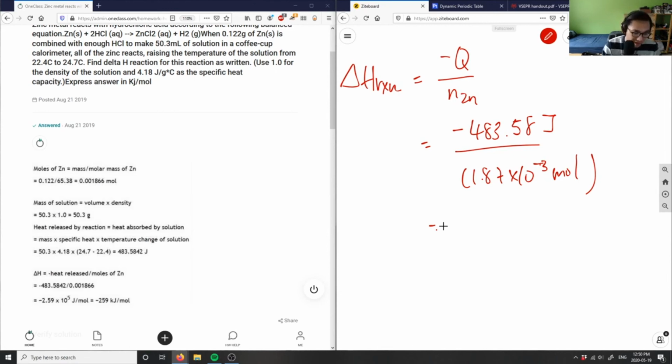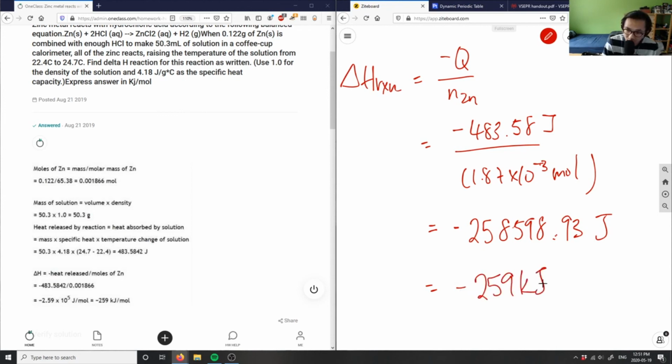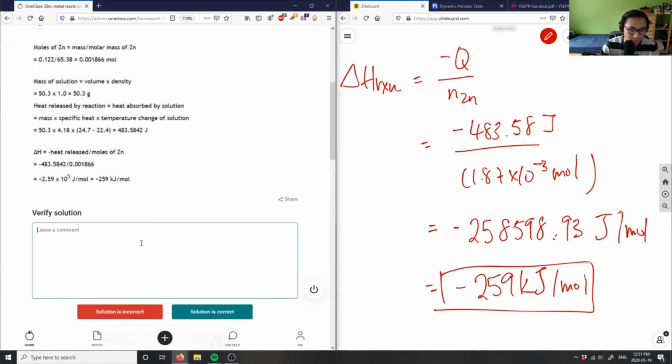I get a value of negative 258,598.93 joules per mole, or you can convert this into kilojoules by simply dividing by 1,000, which would get me negative 259 kilojoules per mole after rounding. This is my solution for this answer, and as you can see, this solution is correct. Good analysis here.